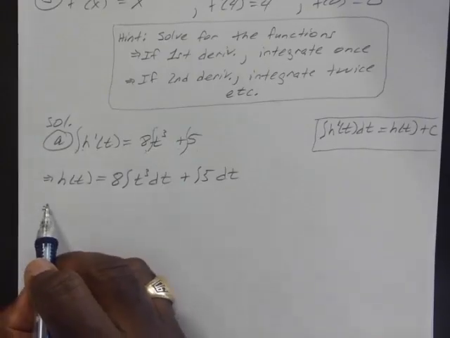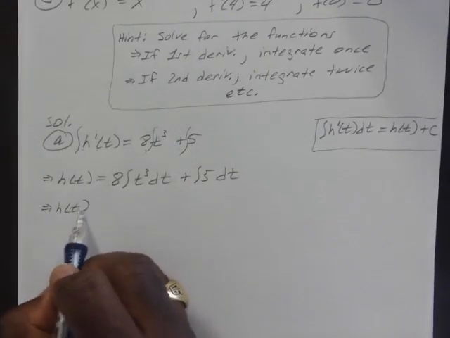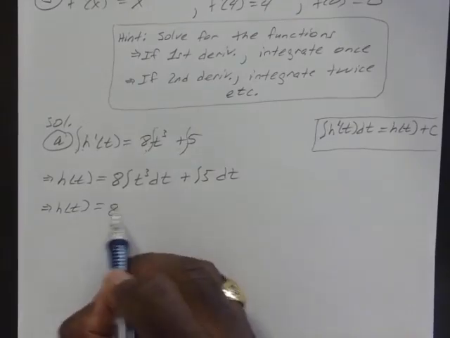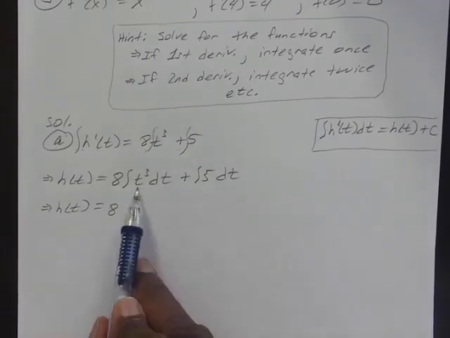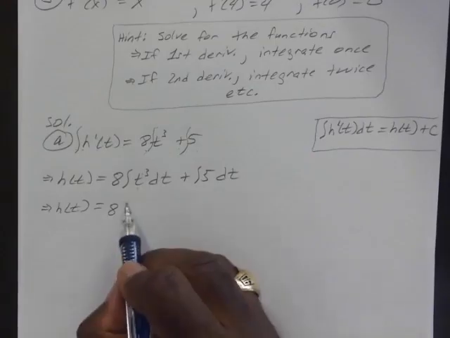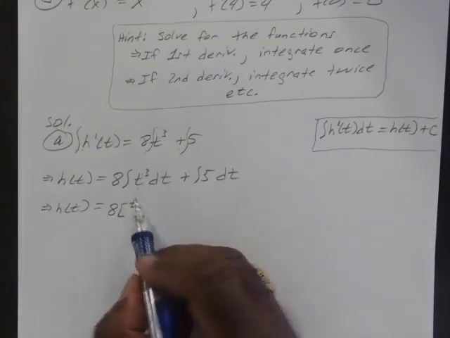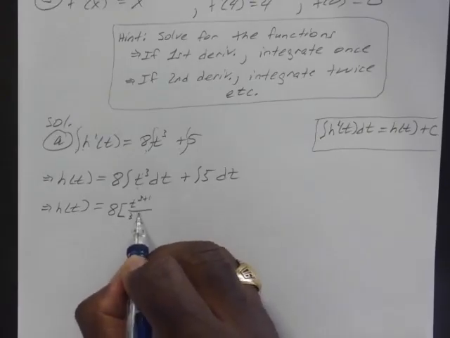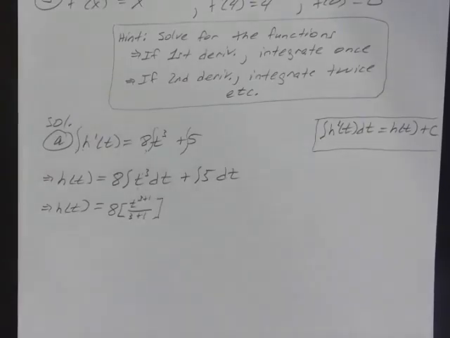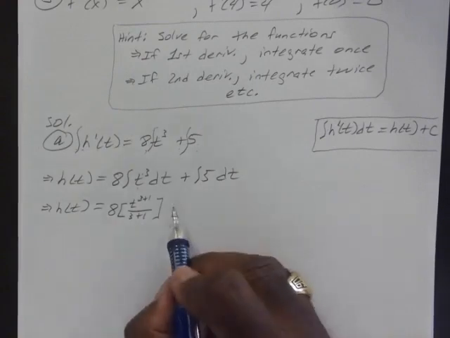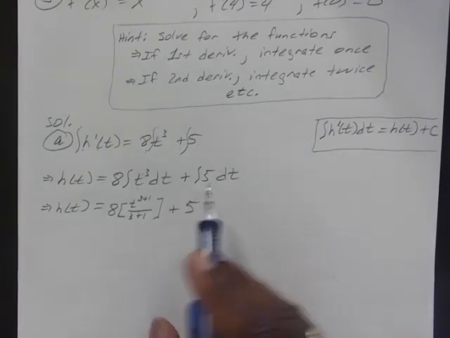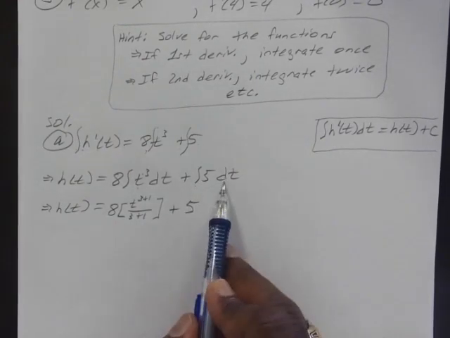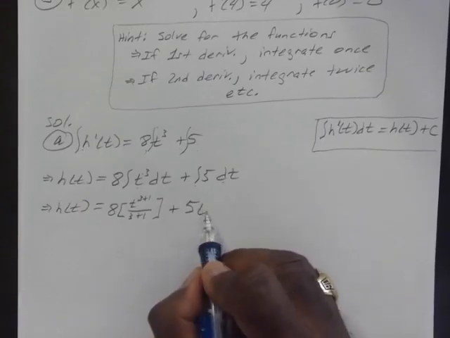So our original function h of t is equal to 8 times the antiderivative of t to the third power, which is t to the power of 3 plus 1 divided by 3 plus 1, plus 5 times the antiderivative with respect to t, which is just 5t.